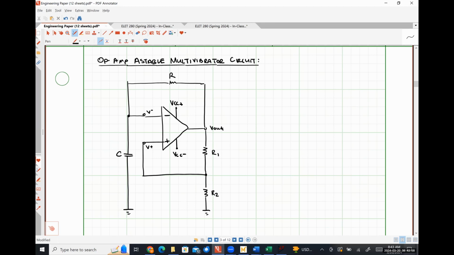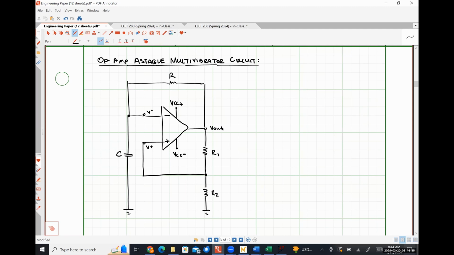So effectively, that means that this circuit is expected to generate some sort of output, even if we don't put any kind of input in. That's why it's called an astable circuit. It doesn't require any input whatsoever. It's just going to find stability at both the positive supply voltage and the negative supply voltage. And we're going to find out it's going to change between those states at very regular intervals.